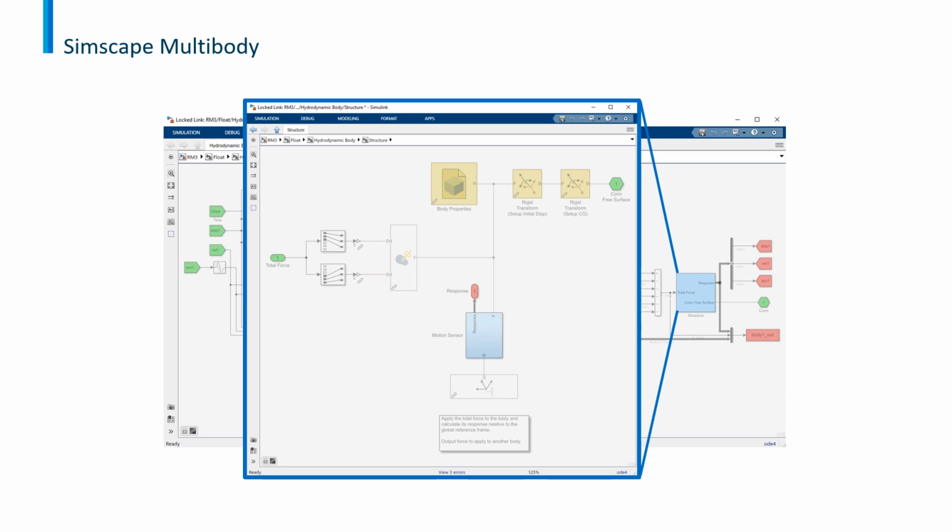The blue block at the bottom is a motion sensor, and it logs all the forces experienced and exerted by the body. The two rigid body blocks at the top right ensure that the body's location, orientation, and center of gravity are correctly defined. These are very important for modularity of WEC Sim because they ensure that spatial and force relationships between different bodies are correctly defined.